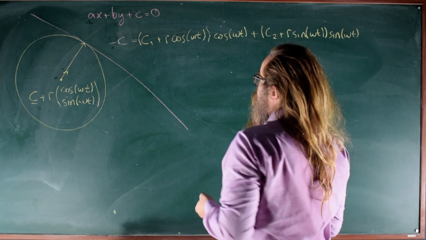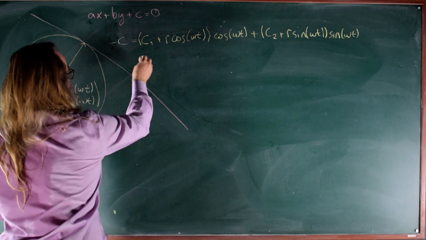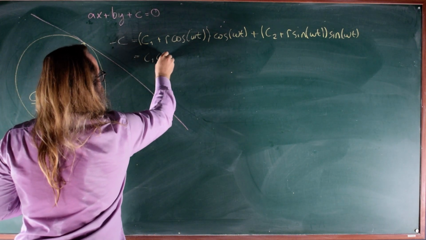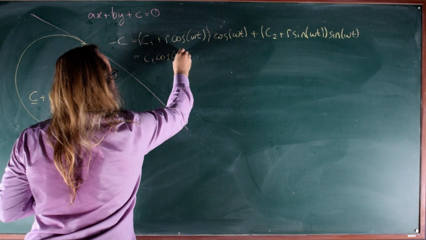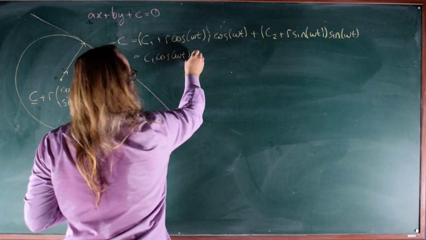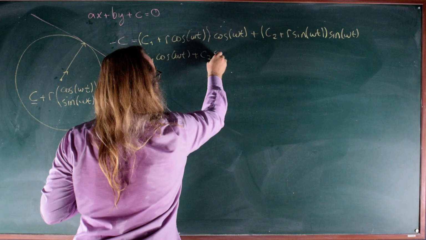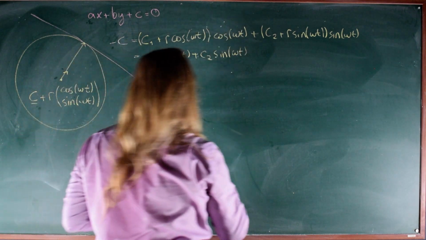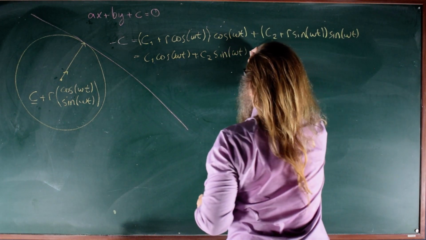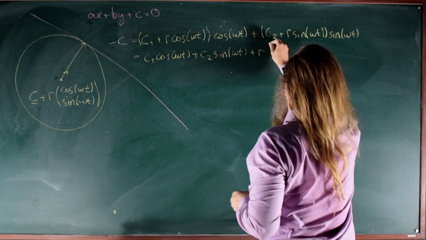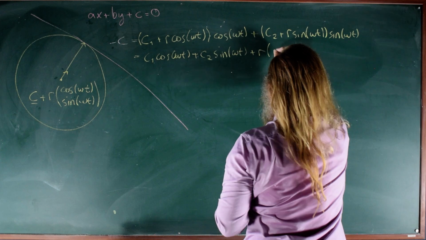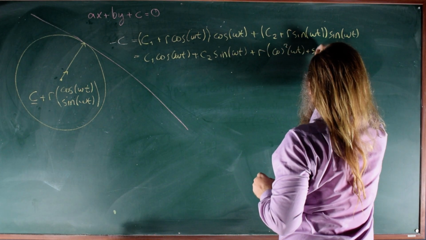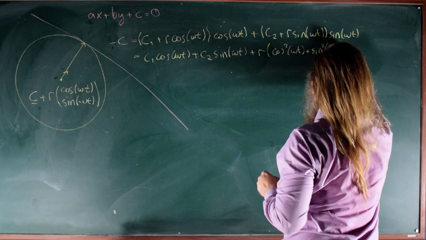Okay, we can expand this, and what we're going to get is C1 times cosine of omega t. We're going to get C2 times sine of omega t from over here. And then we're going to get these r terms. Okay, so there's going to be a plus r, and then we're going to get cosine squared of omega t plus sine squared of omega t.